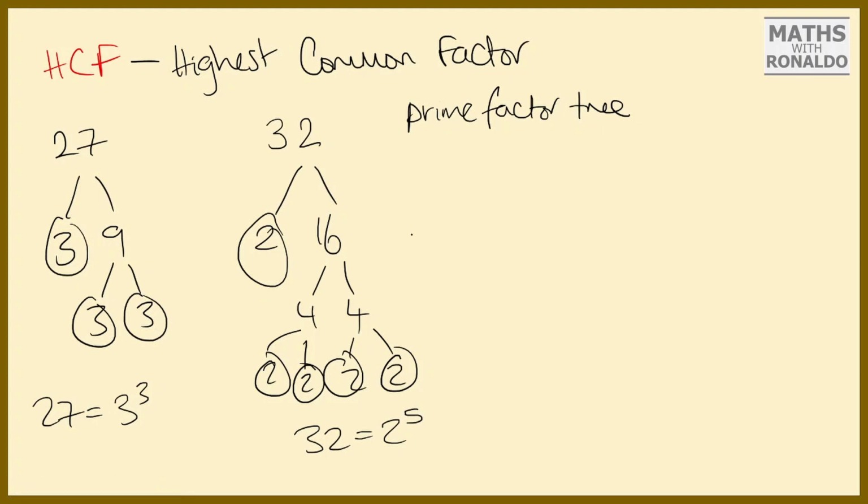So 27 is a power of 3, and 32 is a power of 2. We have no common factors between these two terms. Therefore, our highest common factor is simply 1, because 1 can be divided into both numbers.